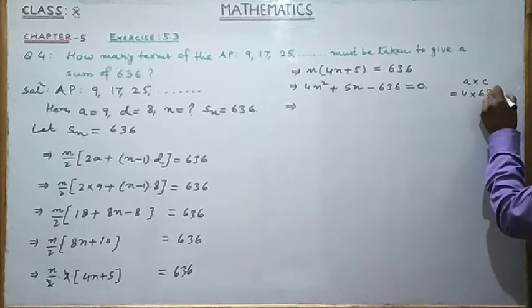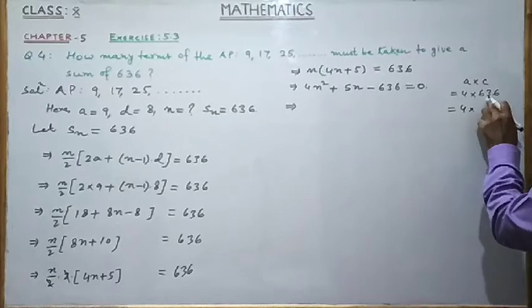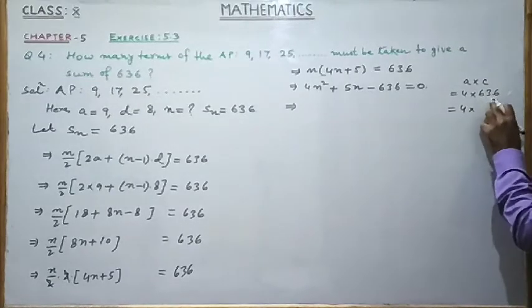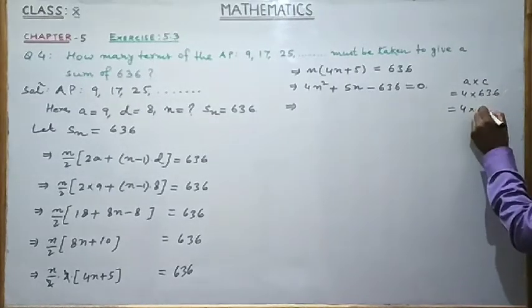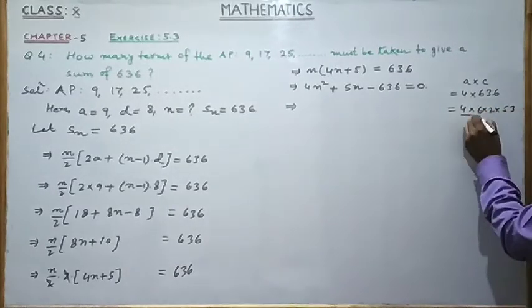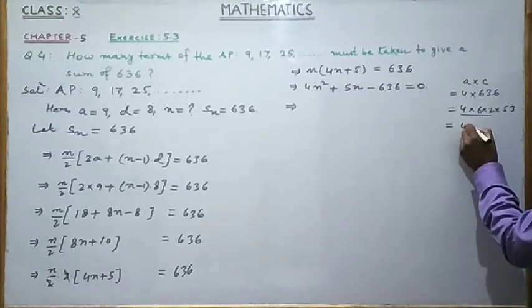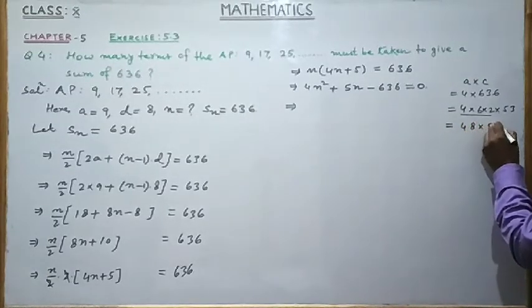into 636. That can be written as 4 into, now factorize this 636. 6 into 2 into 53. This 4 into 6 into 2 is 48. So 48 into 53.